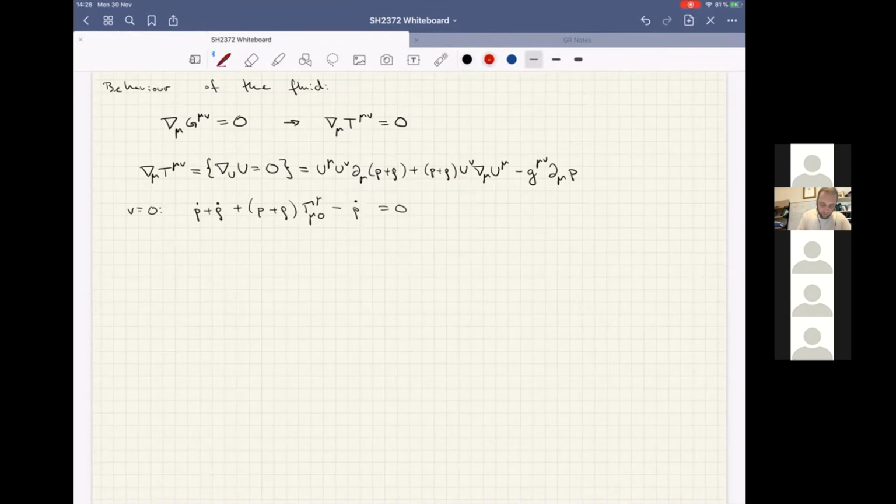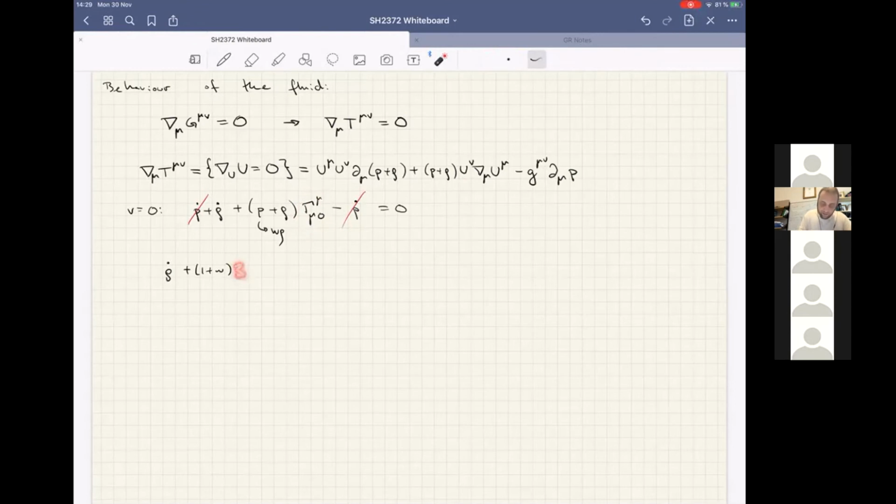So the ṗ's cancel out, and we are left with something that looks as follows once we consider also that p here was w times ρ. It's that ρ̇ plus (1 + w), and then we look at these Christoffel symbols and we perform the sum.